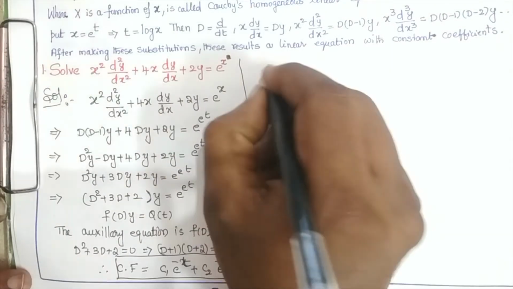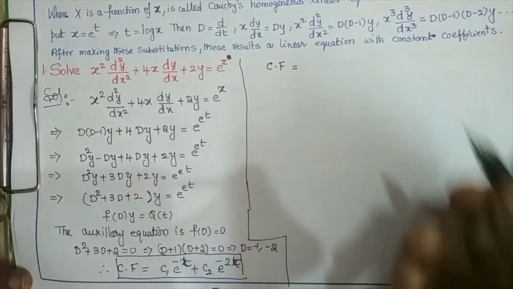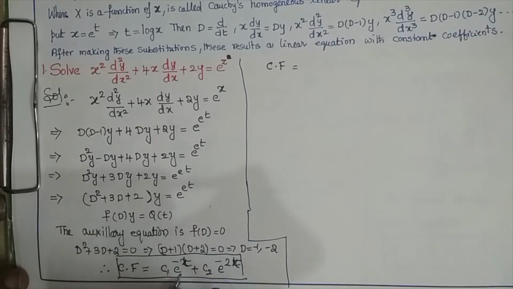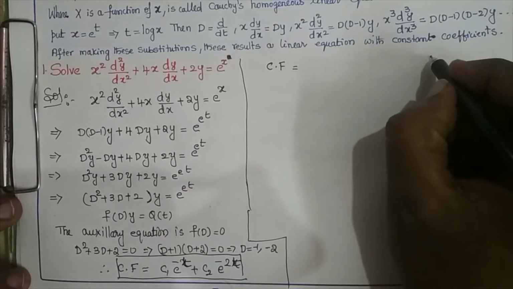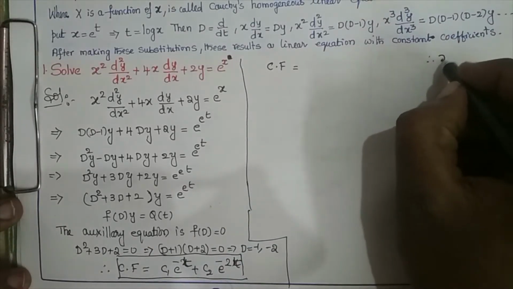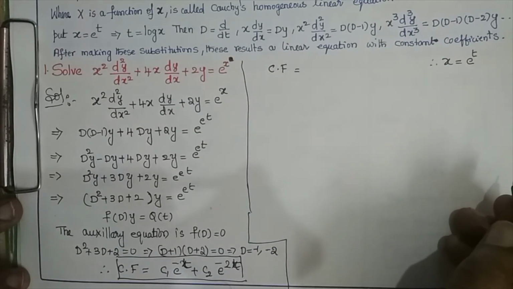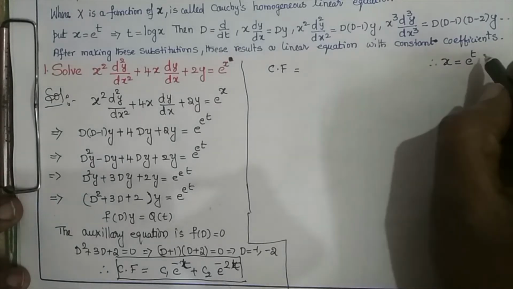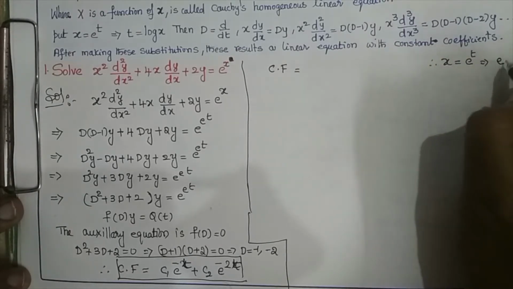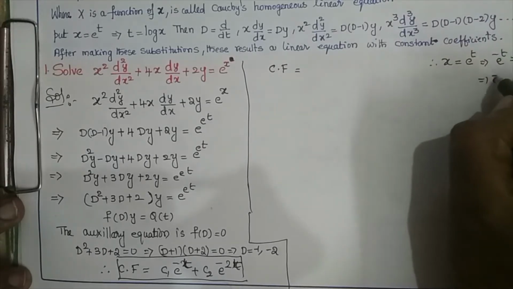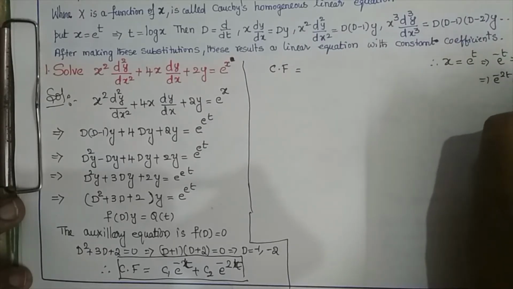Then you can simplify this one in terms of x. Actually the question is in terms of x, but we have written in terms of t, so we can replace t by x. Since x = e^t, e^(-t) = x^(-1), and e^(-2t) = x^(-2).